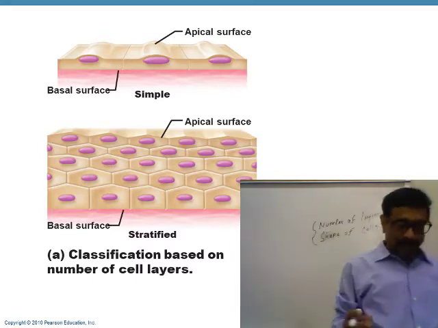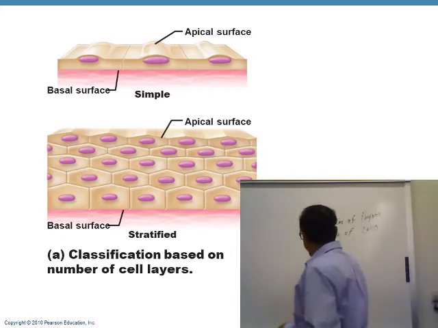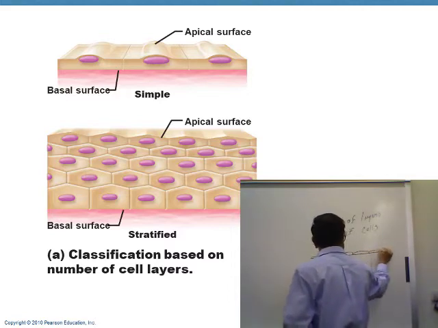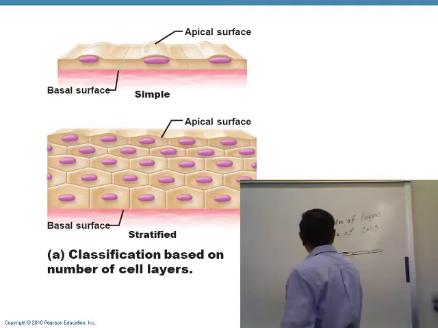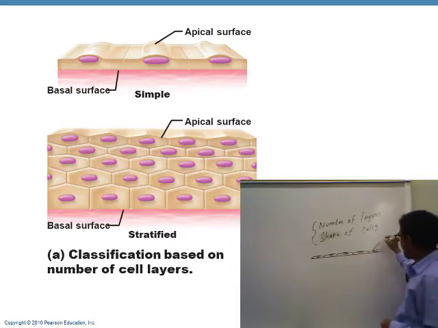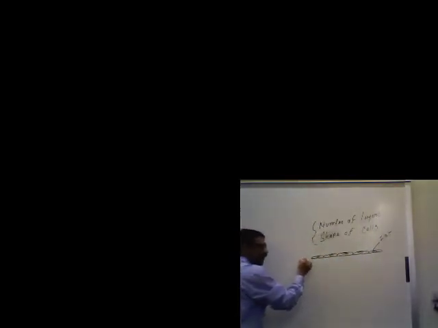And you know that in some epithelial tissues, the cells are flat. That is called squamous. You already know that. Squamous means flat. And if you see a single layer, that is called simple. So this is a simple squamous epithelial tissue.